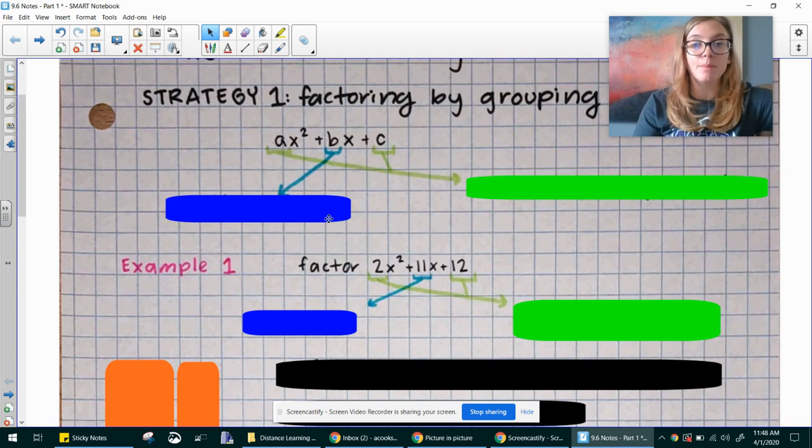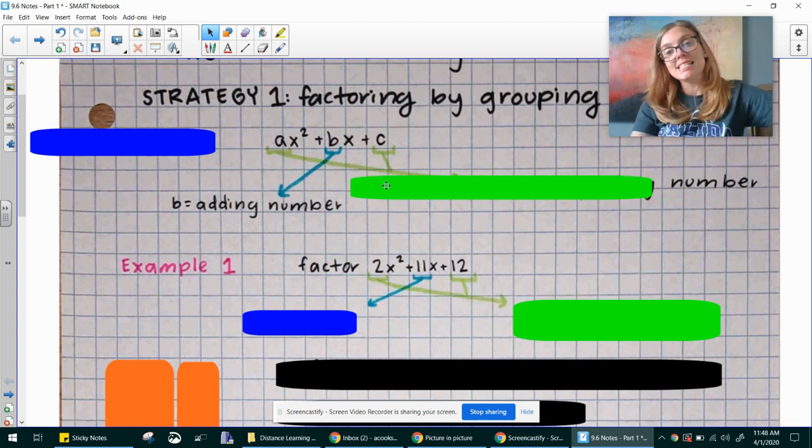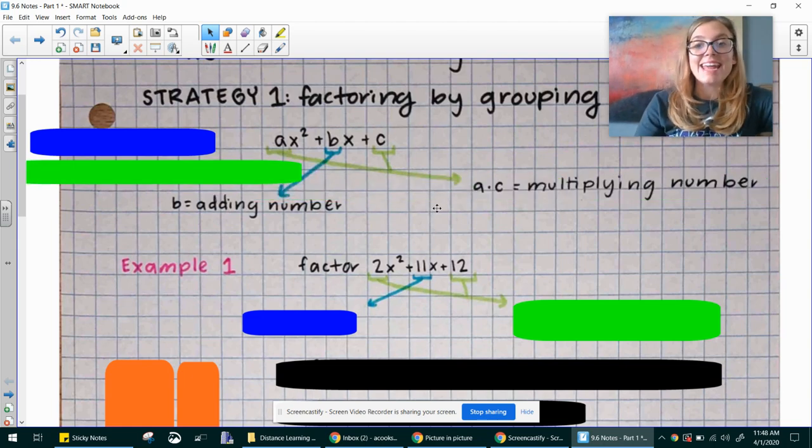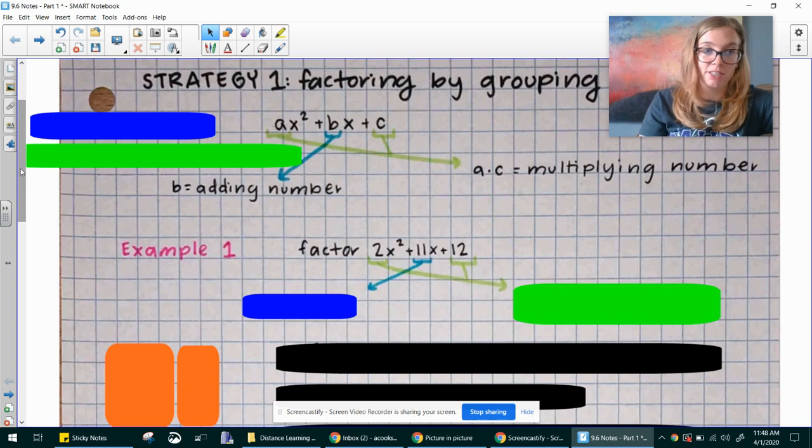In this case, b is our adding number, just like last time. And a times c, the product of a times c, is our multiplying number. So instead of just having c be our multiplying number, we're actually going to have to multiply a in there as well. Let's look at an example to see what this looks like in practice.